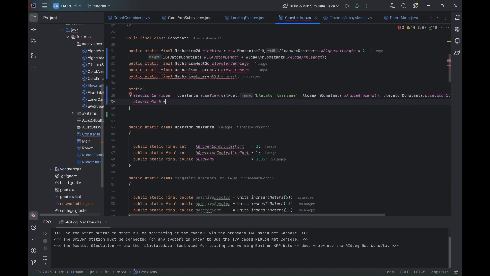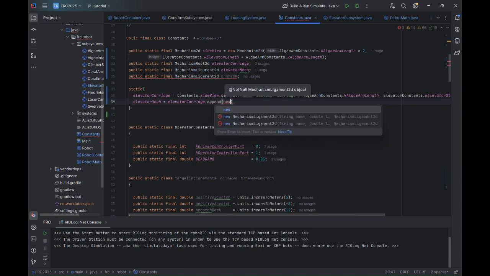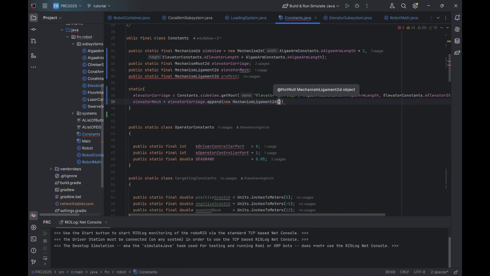So for the ligament, we just append. It means adding on something. So carriage append, see? And we need to create a new ligament, elevator.